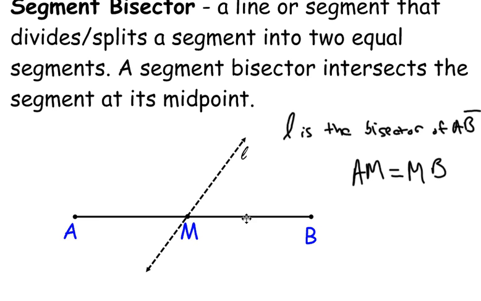So AM is equal to MB. So that's the definition of a segment bisector, right? It's just basically a line or a segment that cuts another segment into two equal segments. And the takeaway from here is that the segment bisector always intersects the segment at its midpoint. Okay, make sure you remember that. That's going to come in handy later.